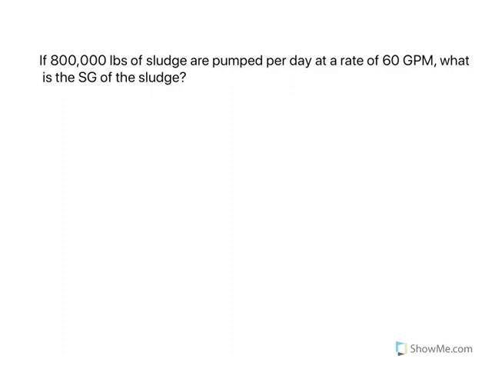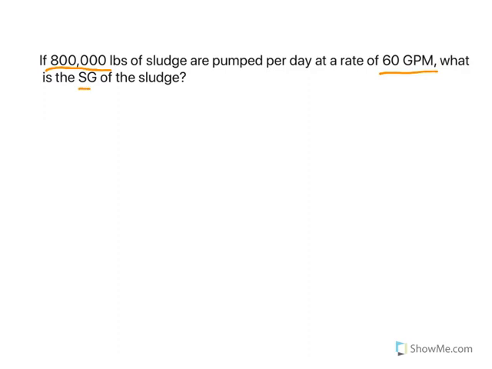Problem number 2, kind of the same principle. In this case, they give us the pounds of sludge in gallons per minute, and we're trying to work back to specific gravity.